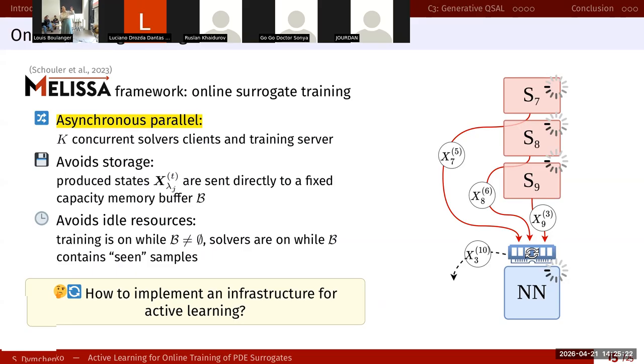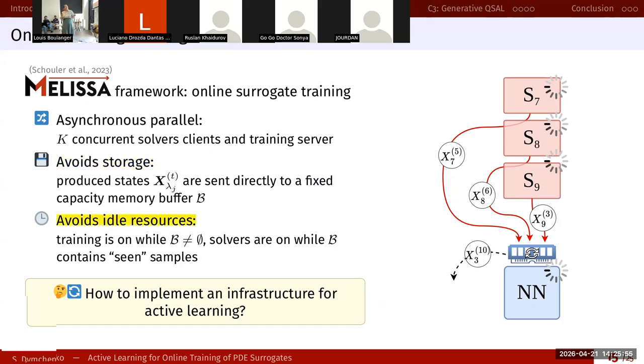So the clients, there are k concurrent solvers running in parallel and sending data directly to the neural network, which is on the server process. In this case, Melissa avoids storage. What it means is that the states from the solver are sent as soon as produced to the server, directly to the fixed capacity memory buffer.